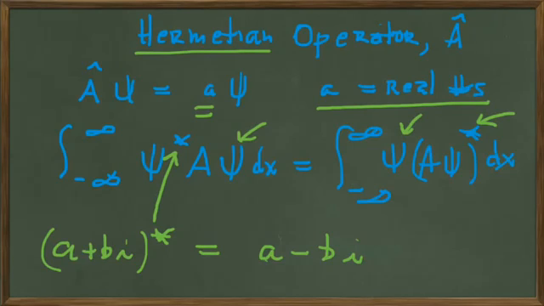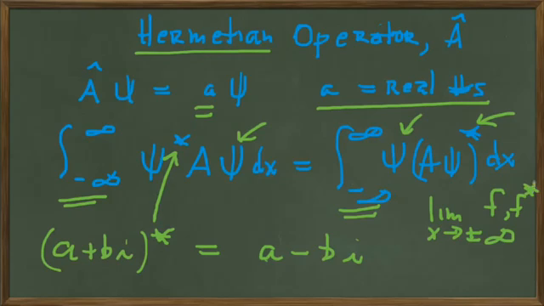Let's also make note of the fact that we are integrating between minus infinity and infinity, and for all of the functions that we work with in quantum mechanics, the limit as x goes to either plus or minus infinity for any function we work with, either f or f asterisk, goes to 0.